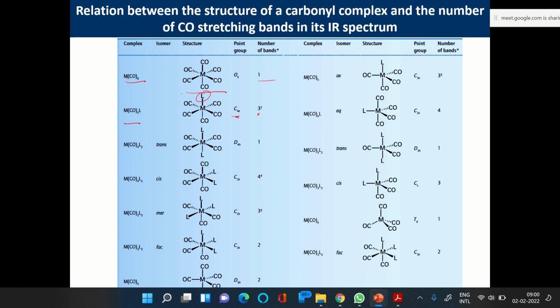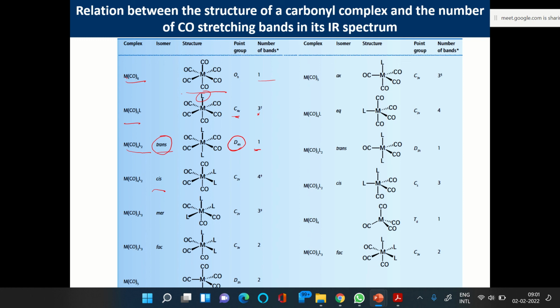Okay, so then in case of MCO4L2, trans and cis, two things are there. In case of trans, where you have greater symmetry, only one band is appearing, when the four CO ligands are planar, in the same plane.